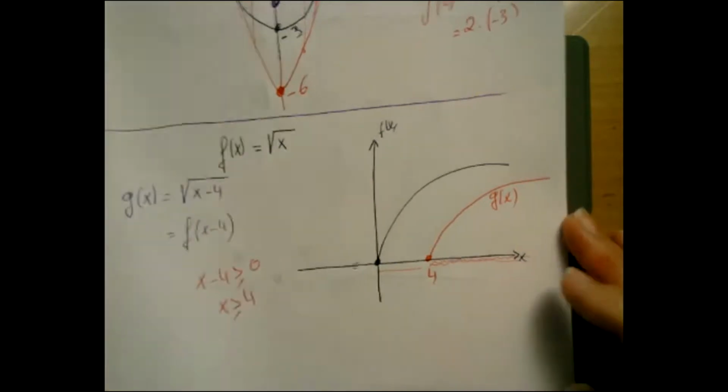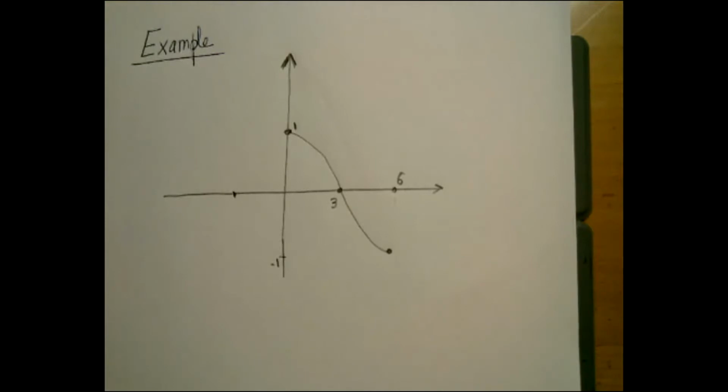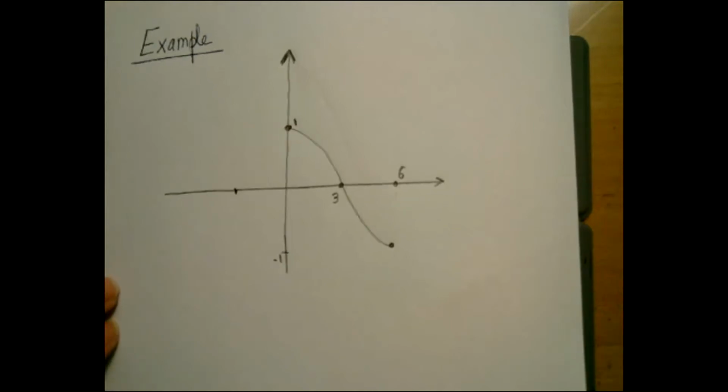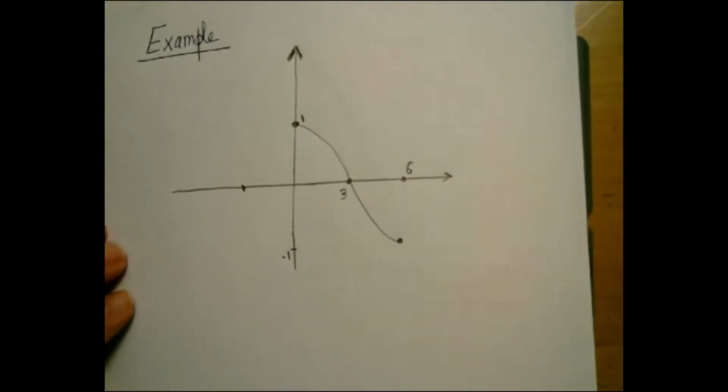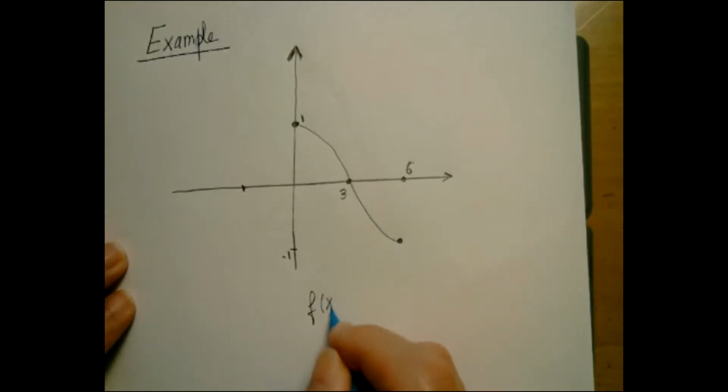Sorry, I will take one more example. Again, it's a simple example. Suppose I tell you to sketch the following graph. This is my function f, the one you see. Let's make up something.